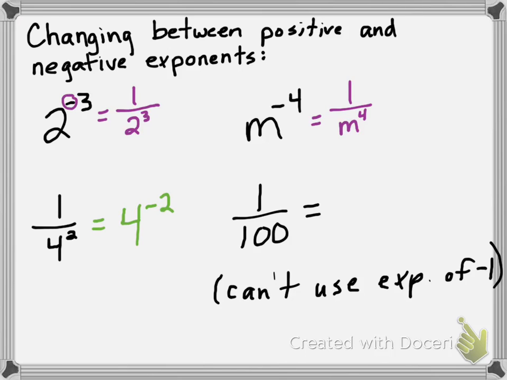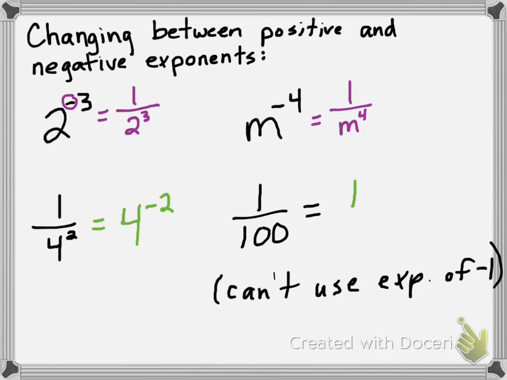Now, you may have thought, oh, we could just do 100 to the negative first power because it's in the denominator and it has an exponent of 1. Okay? And although these are equal, we can't use this negative 1 because it's always going to tell me you can't use an exponent of negative 1. Okay? So that's not going to work.